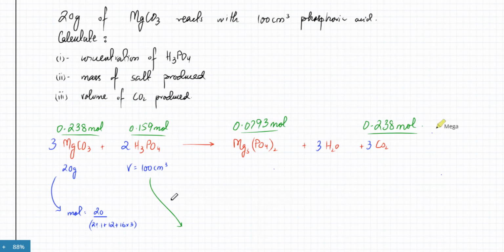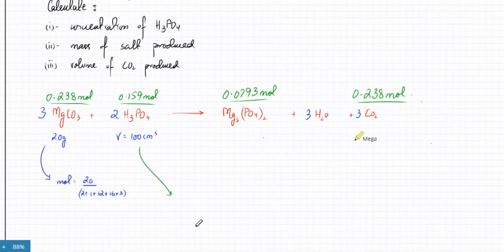So anyways, now he's asking you to figure out the concentration of phosphoric acid. So what was the formula? It was n is equal to C into V. So that means concentration would be moles divided by volume, and we have both.